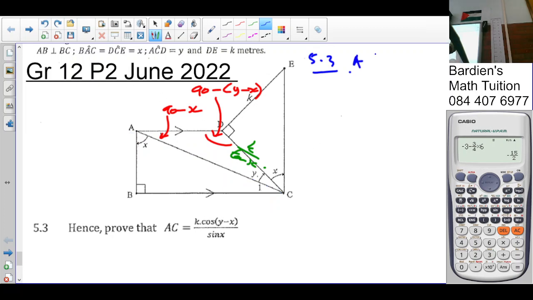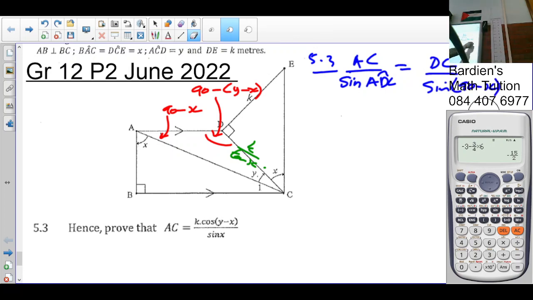So AC over sine of ADC equals DC over sine 90 minus x. Or sorry, I'm trying to write it in terms of the letters here. So it's DAC, the naming of the letters.